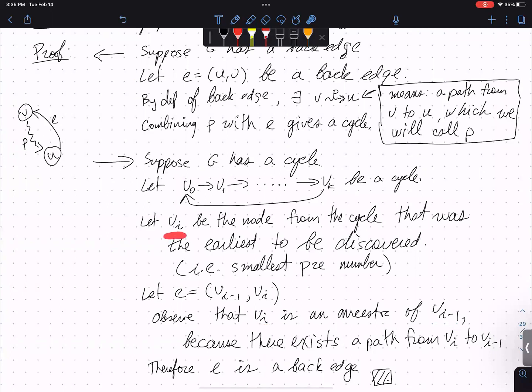Because we picked VI to be the first node to be discovered, which means it's at a higher point in the tree than all the other nodes on the cycle. And all the other nodes on the cycle are below in the tree. So there's some tree below, and here's VI minus 1, and this is the edge going back up.